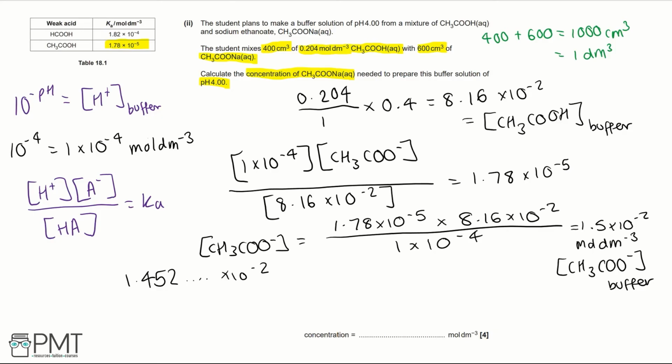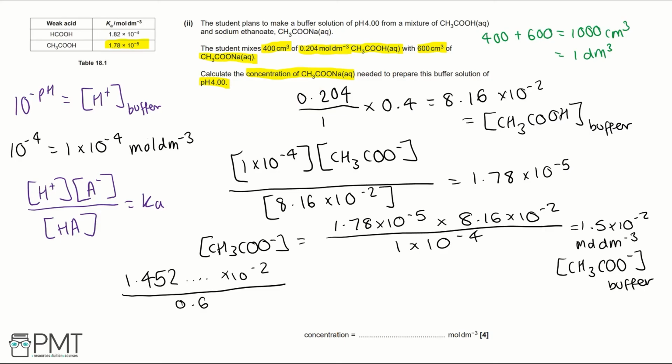We've written 1.5 here for convenience, but this is the calculator value and you should have saved this on your calculator. Then we're going to divide by 0.6, which is 600 centimeters cubed in decimeters cubed. Where we multiplied in the first step, we're doing the opposite.